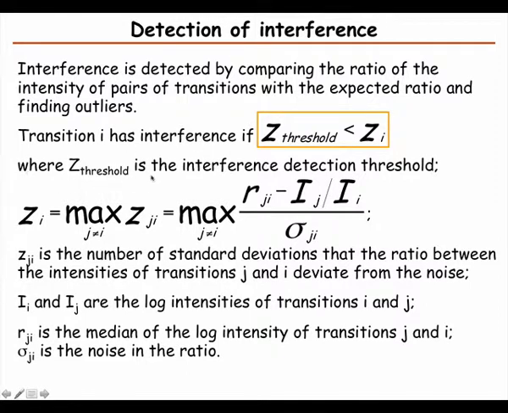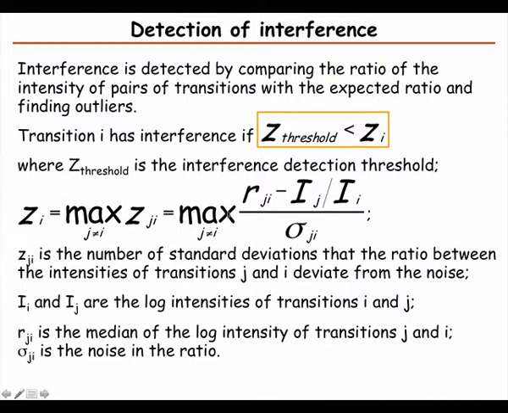These z-scores were calculated by taking the maximum of the z's calculated for each pair of transitions. That is the deviation between the ratio that we expect and the actual ratio between intensities, divided by the standard deviation.